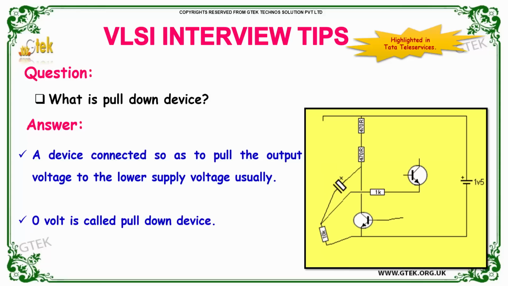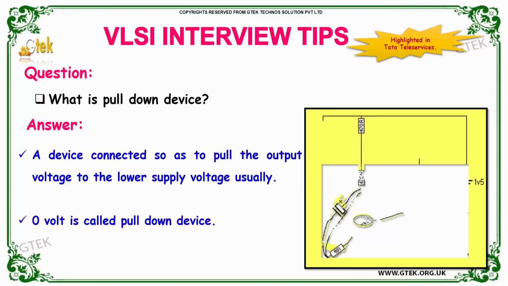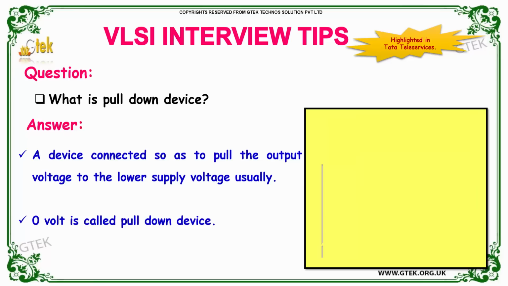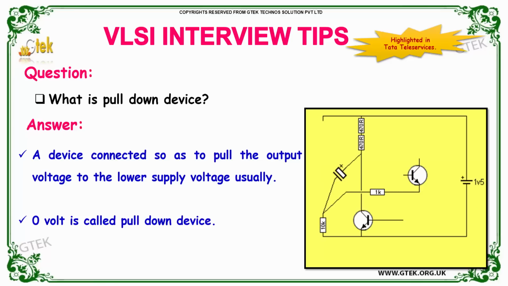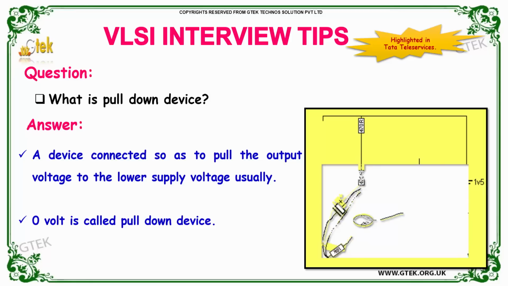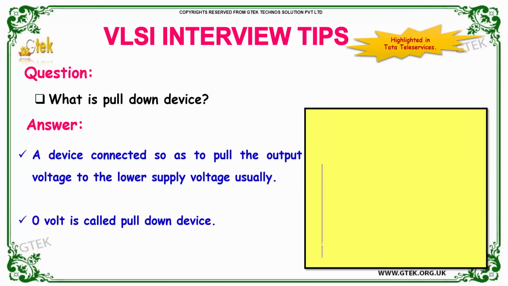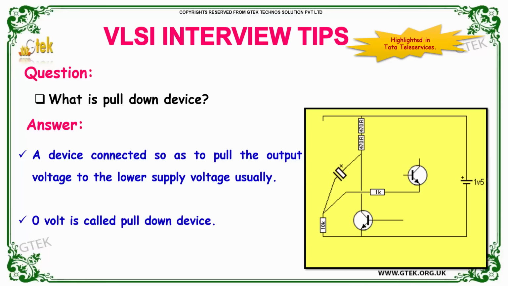So the question is, what is pull down device? Pull down device is a device that is connected so as to pull the output voltage to the lower supply voltage, usually 0 volt.